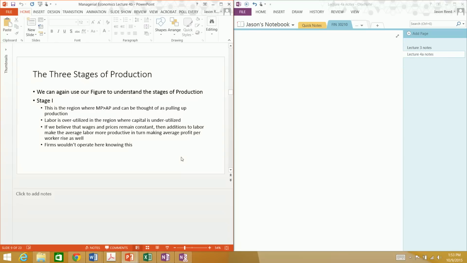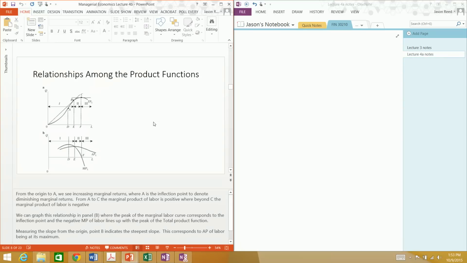We say that firms wouldn't operate here, because they want to keep pushing that marginal product and average product. They want to keep adding labor. And that moves us into stage 2. So in stage 2, if we go back to our drawing, we go from the average product maximum all the way through to the marginal product becoming negative.